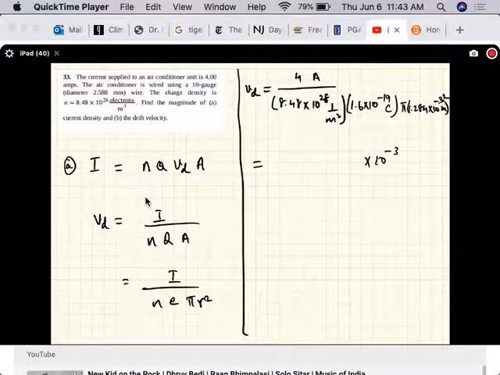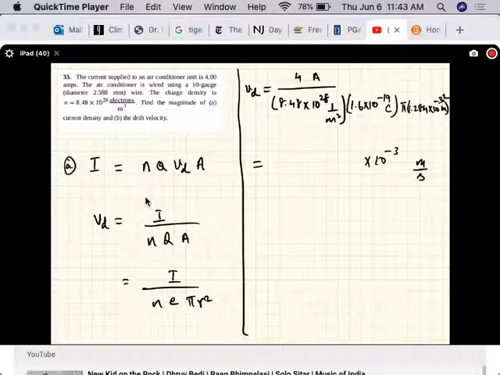And everything is in SI units, so this is the velocity. The unit should work out to meters per second, and so this is already a good thing. 10 to the minus 3 meters is millimeters, so the velocity is of the order of millimeters per second, which we knew was correct. Okay, so the drift velocity is coming out of the order of millimeters per second.